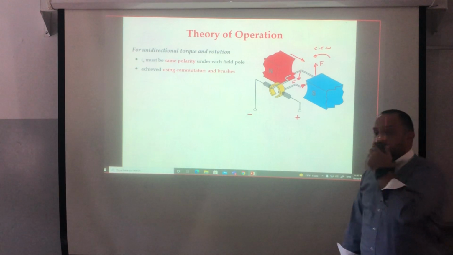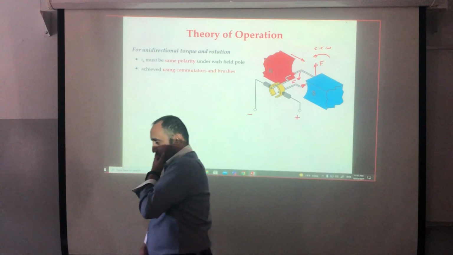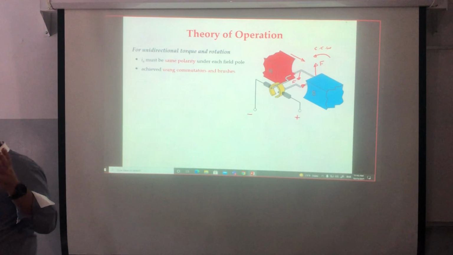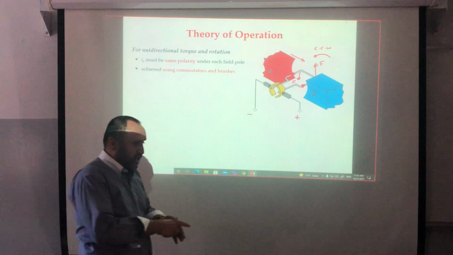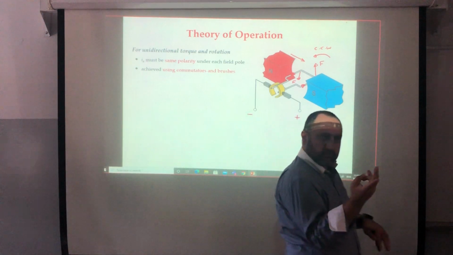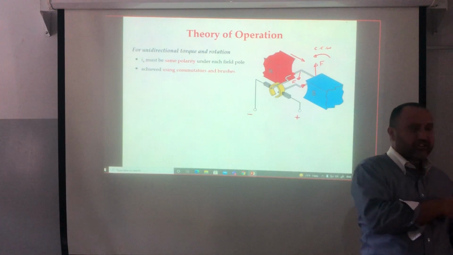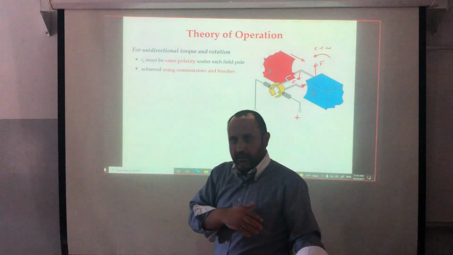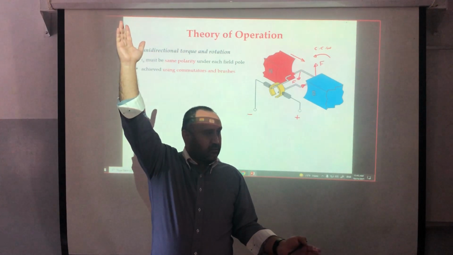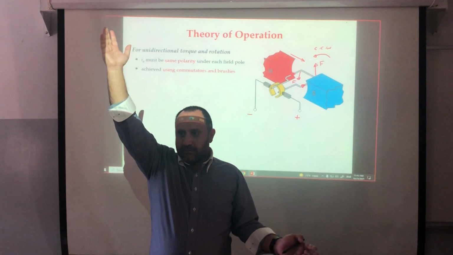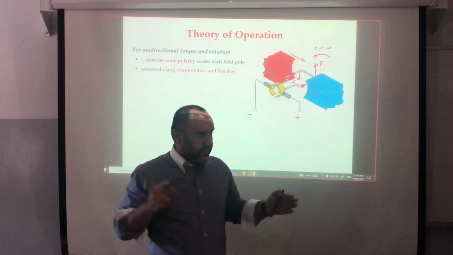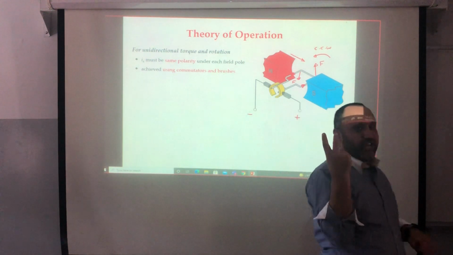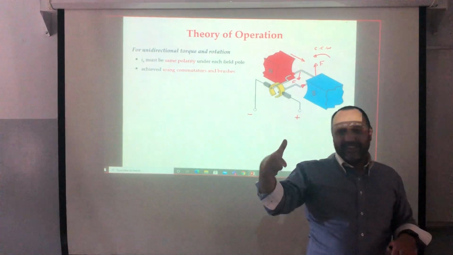So now let's ask you a question. If I'm having a series connected DC machine, and someone changed the terminal, will it rotate in the opposite direction? Who says no? It's a series. If I change the terminal, I'm changing the direction of the field and the armature.